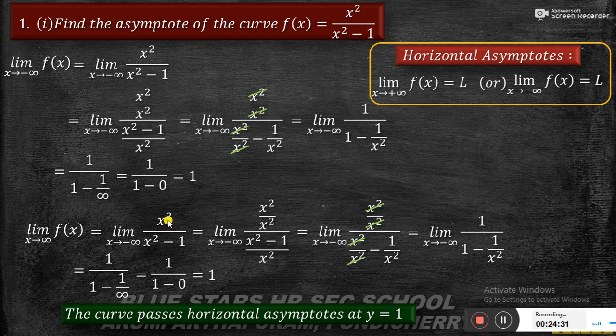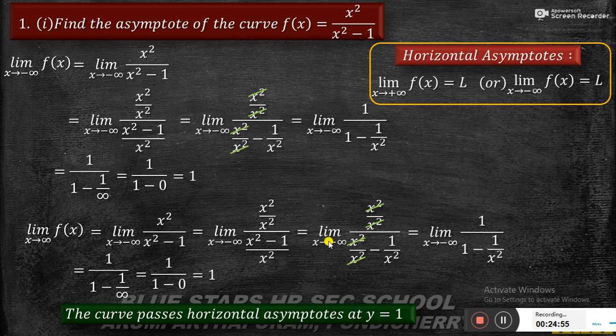So I write x square by x square and x square minus 1 by x square. Again it comes to the previous step. That means x square by x square minus 1 by x square, because the x square in the numerator and denominator cancel. So I write x square by x square minus 1.